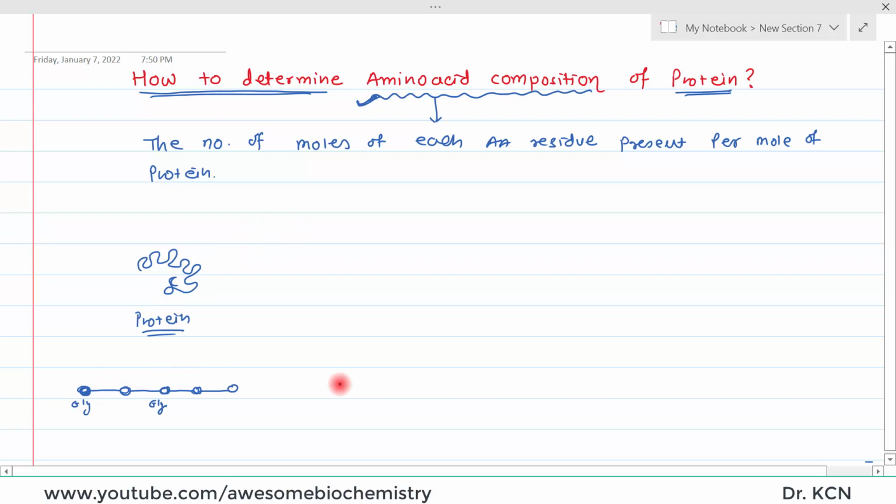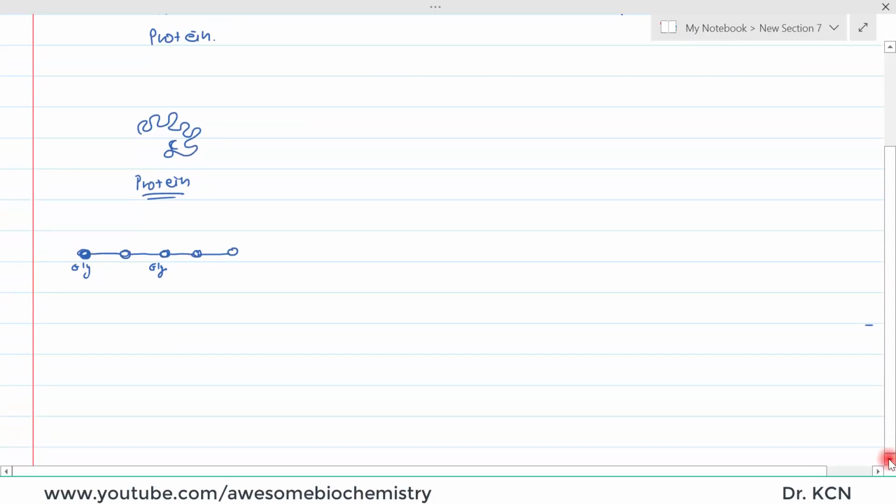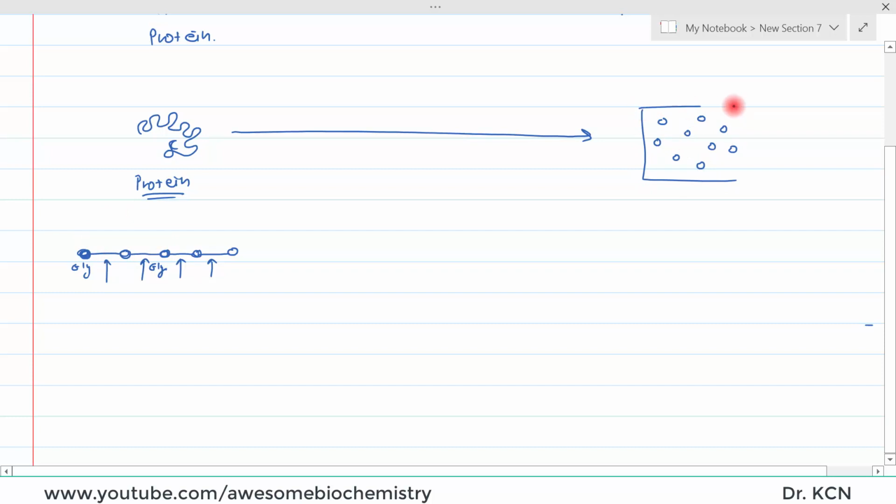So how to estimate it? Of course, one logical step is to destroy all the peptide bonds. If you destroy all the peptide bonds, what will happen? All the amino acids will be in the mixture, so at the end we get a complex mixture of amino acids.